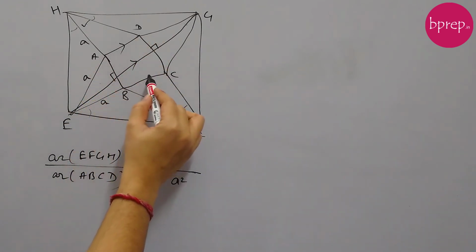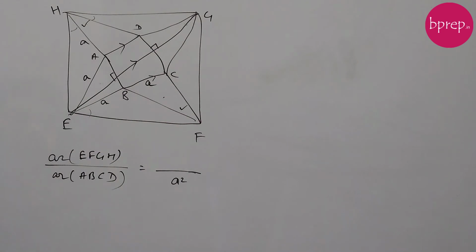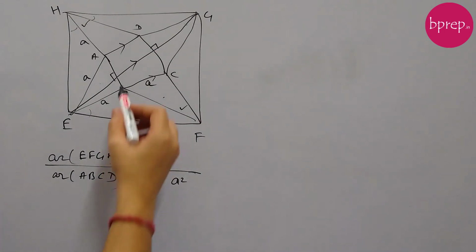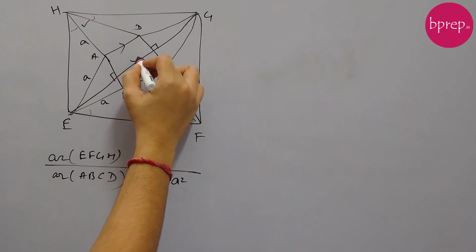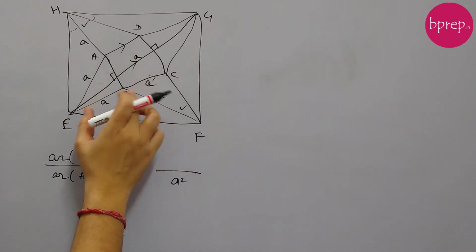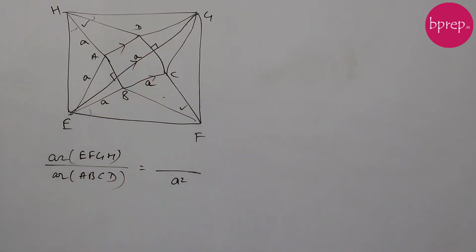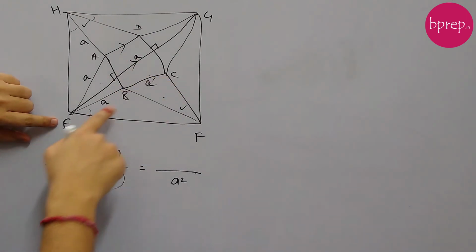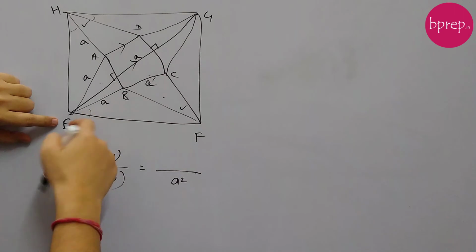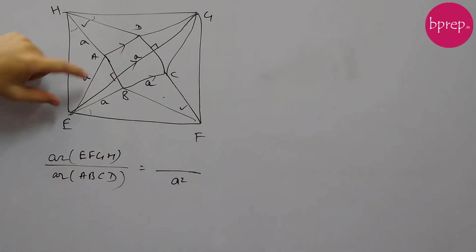So this length will again be A because this is parallel to BC and perpendicular, so it will be equal to A. Now in triangle EBA, all the sides are A, so the altitude of this triangle will be root 3 by 2 A. Let's see here.